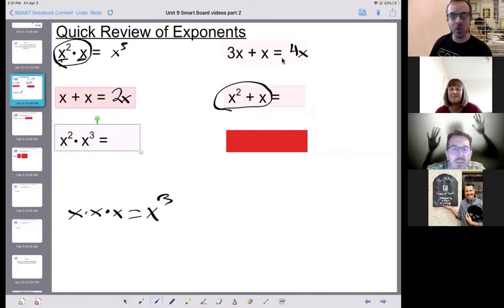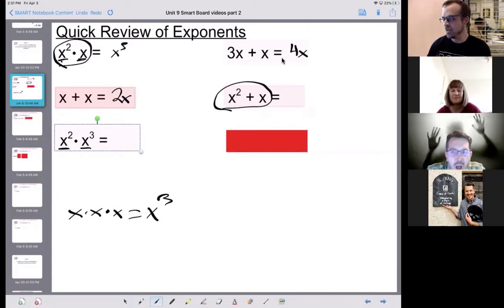Here we have x squared times x to the power of 3, or x cubed. This is not asking us to combine, so they don't need to be like terms to multiply, but because they are the same variable, we can multiply them.